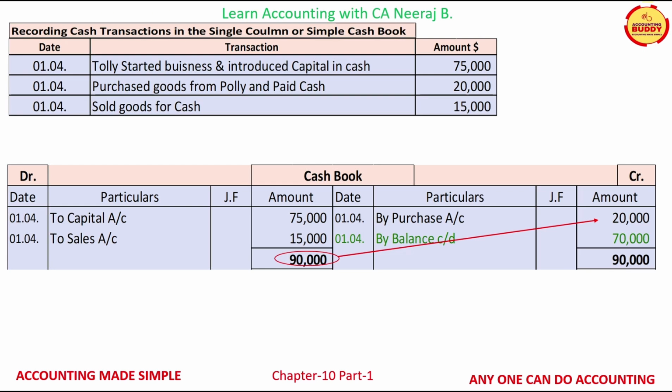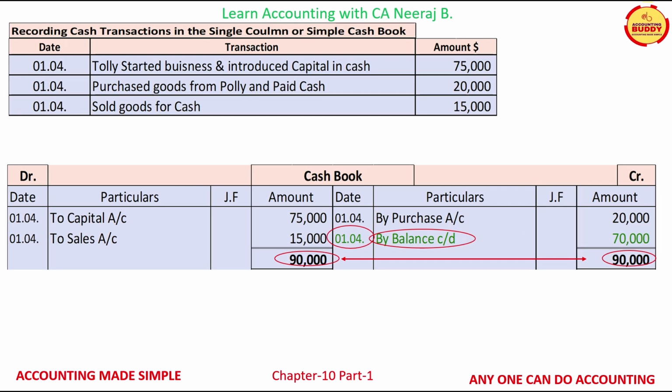We will be left with a balance of $70,000 which will be shown on the right hand credit side of the cash book by writing the words "to balance carried down" at the end of the day of 1st April. Post which the left hand debit side will be equal to the right hand credit side of the cash account and thus the account is said to be balanced.